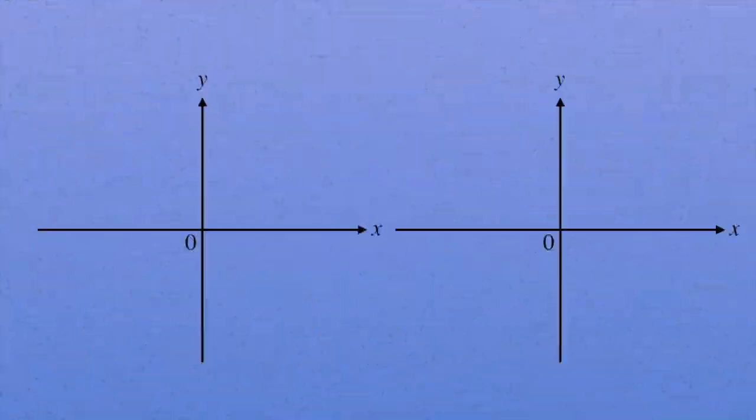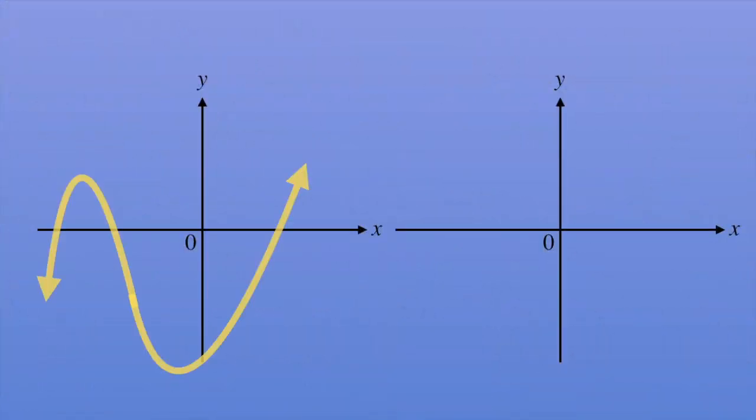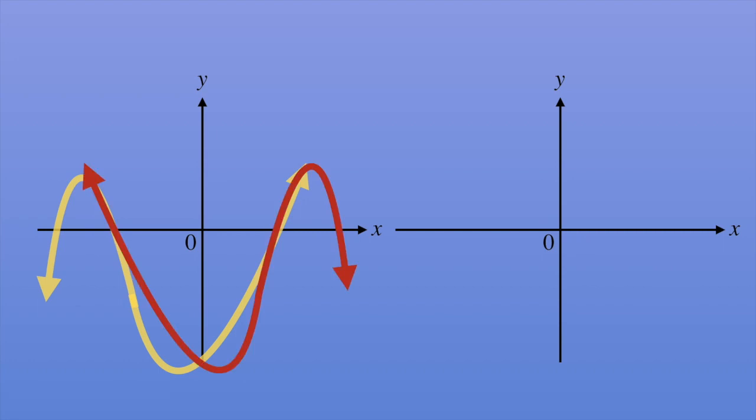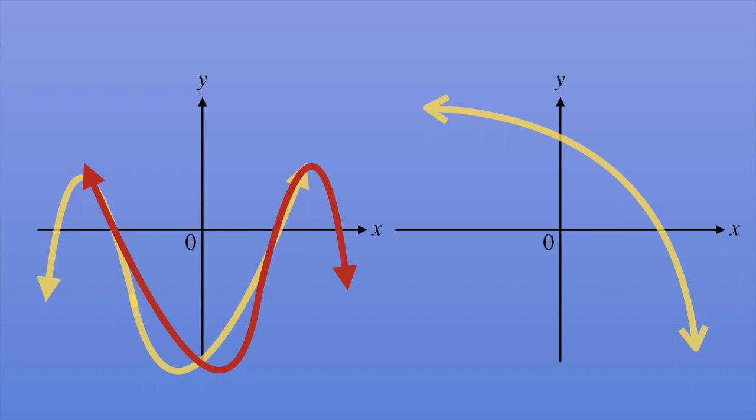Good job. Let's take a quick look at two more. There's a nice little cubic wavy graph. What will that look like if I flip it about the y-axis? Great. Did you get that too? And if we have a graph like this and we flip it about the y-axis? Great. Make sure that your y-intercepts stay the same.